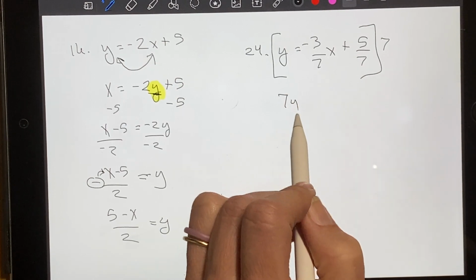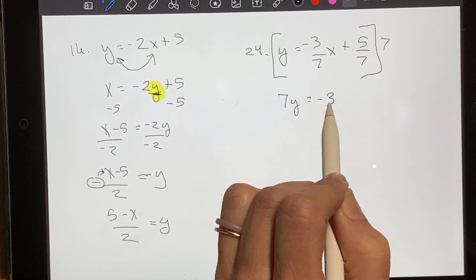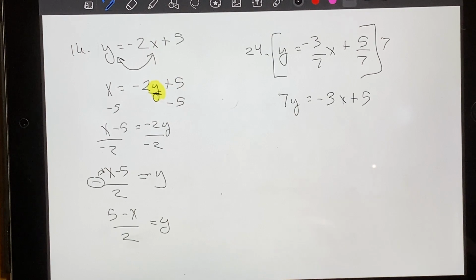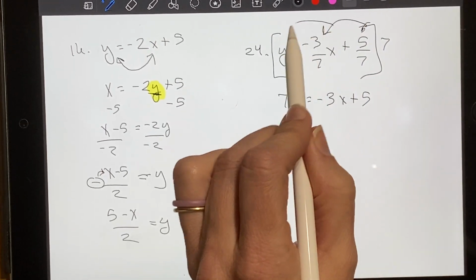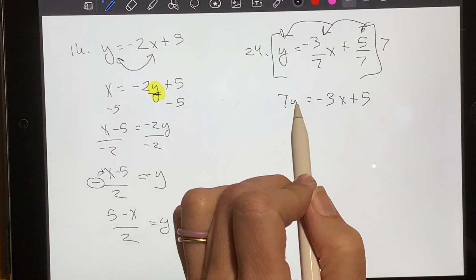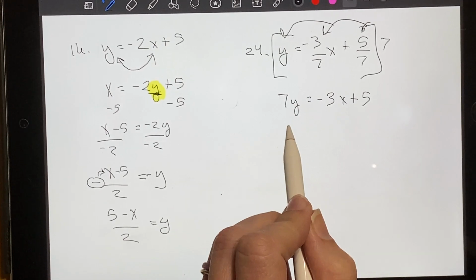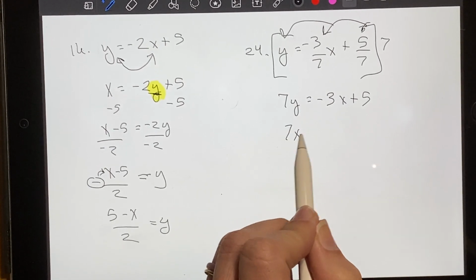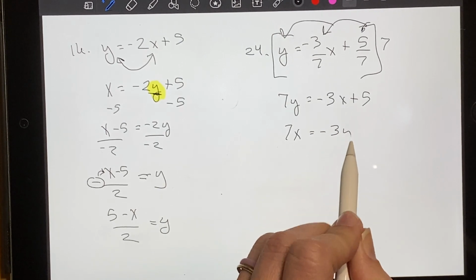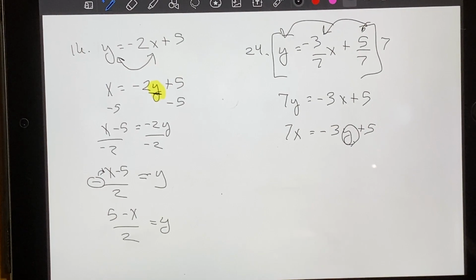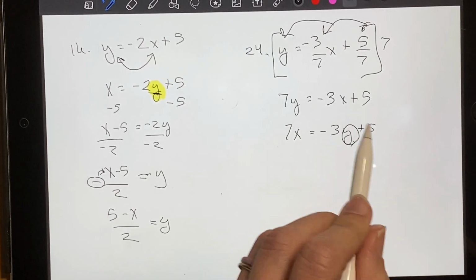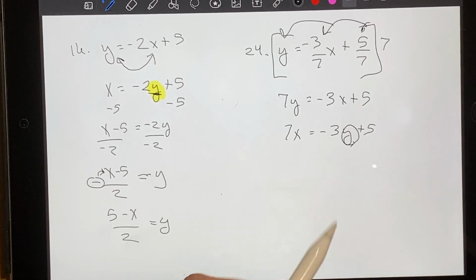So now I have 7y is equal to negative 3x plus 5 as I distribute my 7 out to each part of this, okay? So now I'm going to swap them and say 7x is equal to negative 3y plus 5. And I've got to solve for this y. So again, you're just going to solve for y, and it's going to give you a new answer for that.